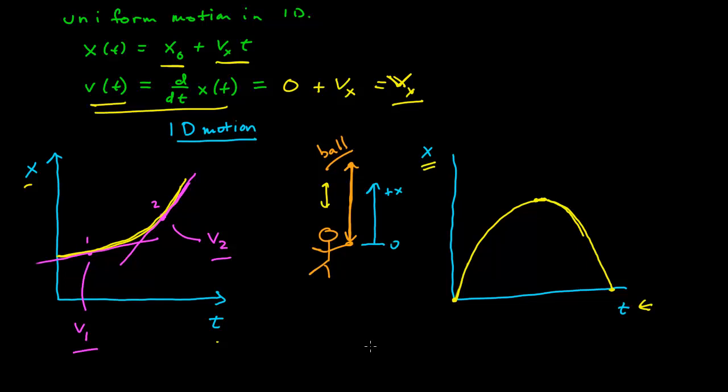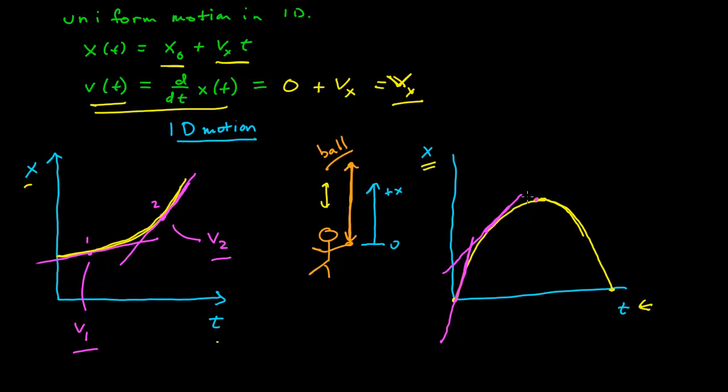And so if this is the position versus time graph, you can see how we can extract the velocity information as well. The slope is positive and large immediately after it leaves the hand, and it starts to slow as it goes up further. The slope of the tangent line is shallower, so it's slowing down.